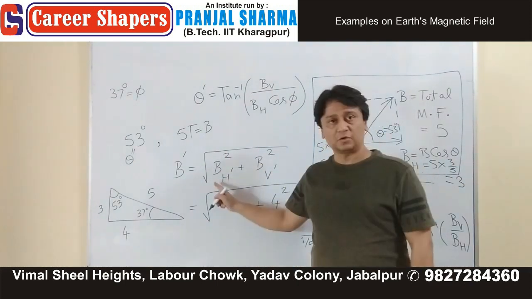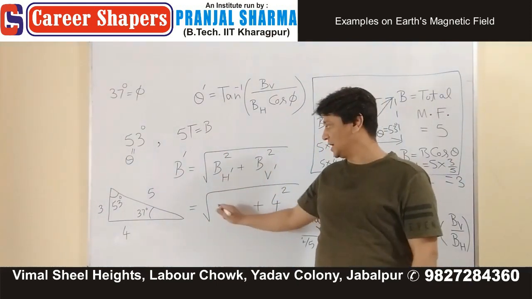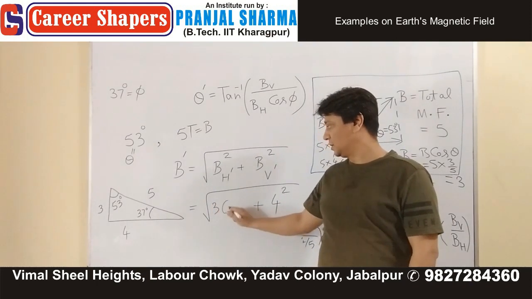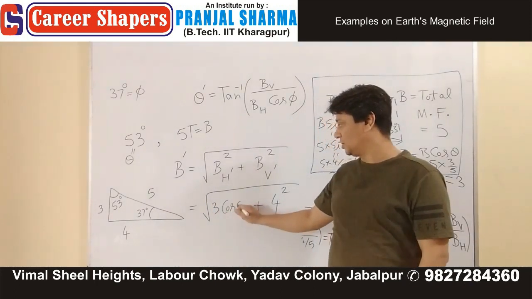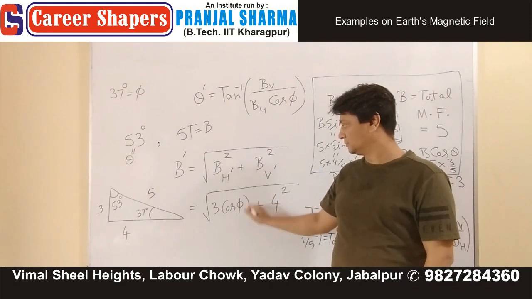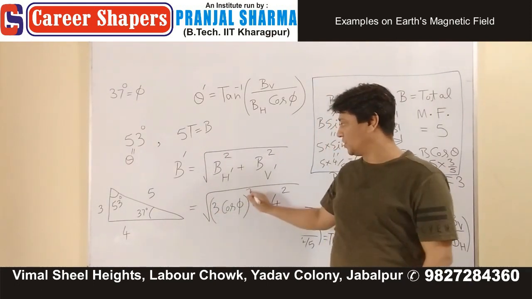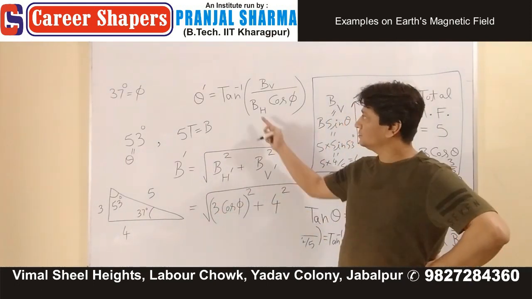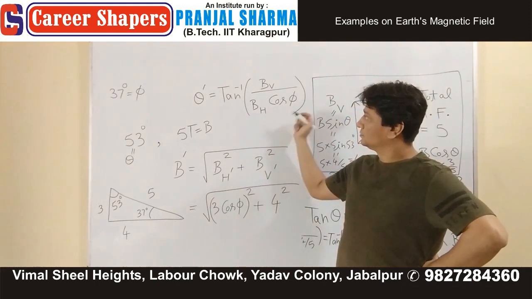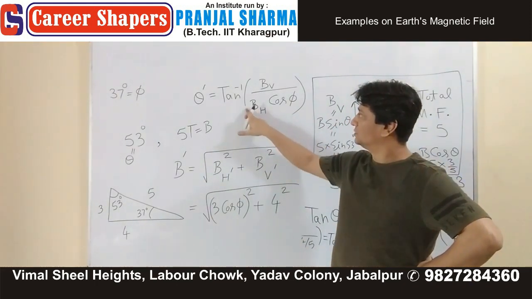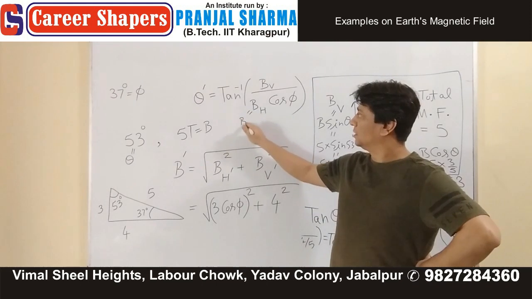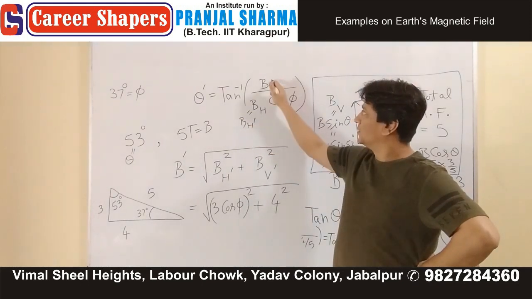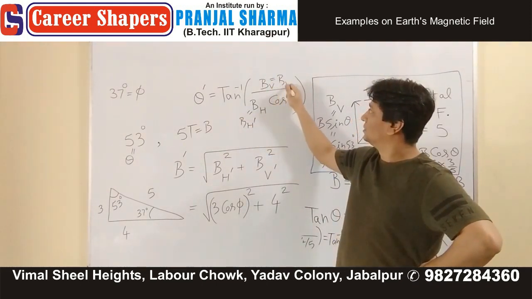But this is not 3, because BH dash is 3 cos phi. And then go for the square. This is your BH dash, and this is your BV dash.